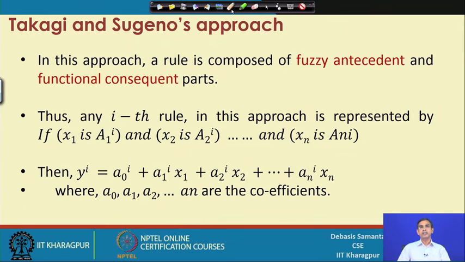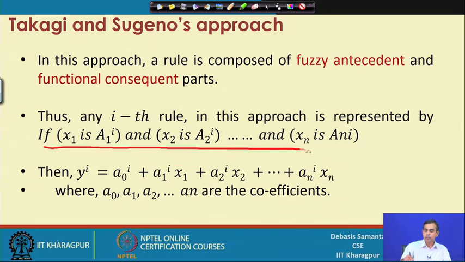Now, according to this approach, every rule is represented in the same way as the Mamdani approach using the if-then clause. For a system, if there are n inputs, then a rule in the Takagi-Sugeno approach takes this form.